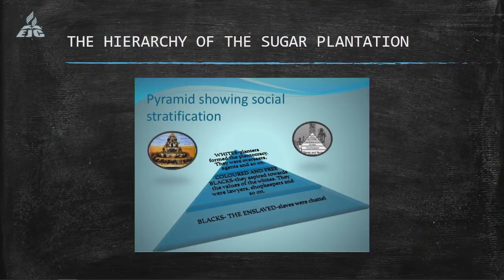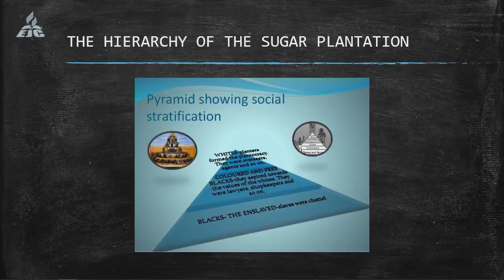They were neither black nor white. And then alongside the coloreds, we would have free blacks. They aspired towards the values of the whites. So the whites were at the top of the pyramid, and the coloreds wanted to get up there.